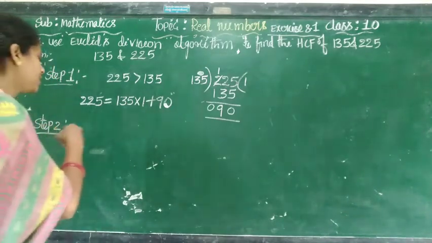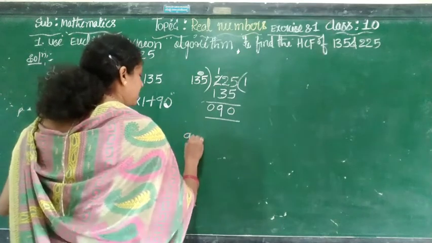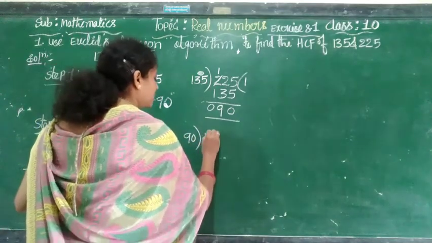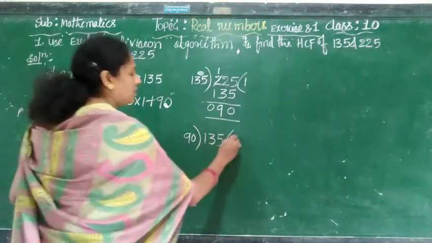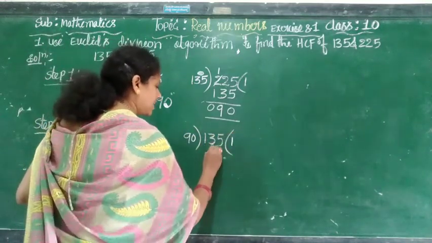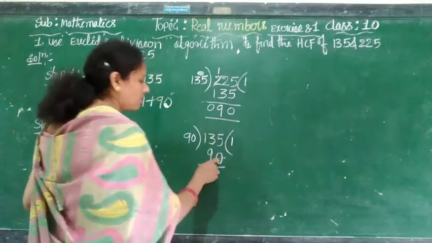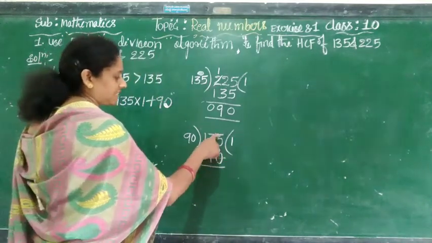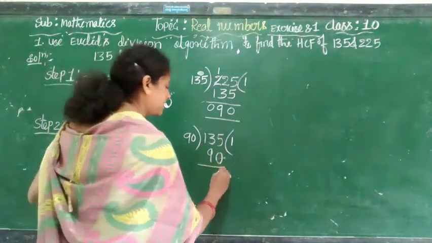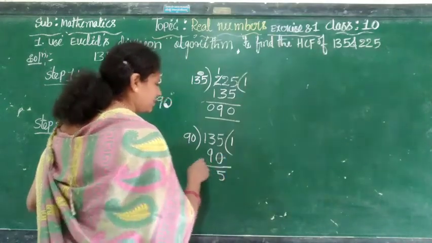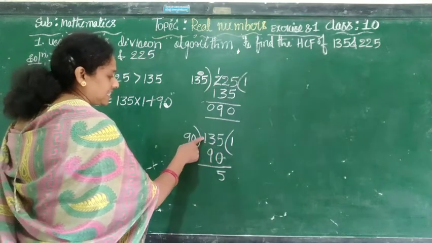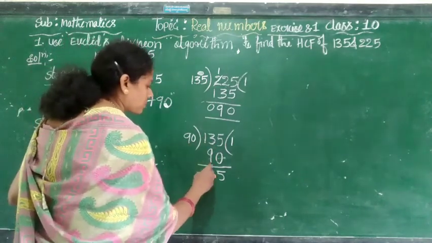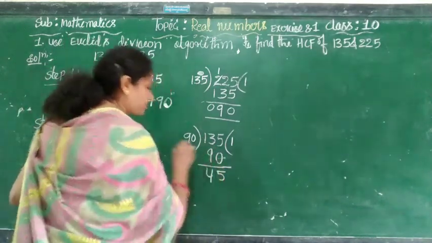So we take the remainder as the new divisor. 9 ones are 90. 5 is subtracted in 5. 9 is subtracted in 30, so 4.